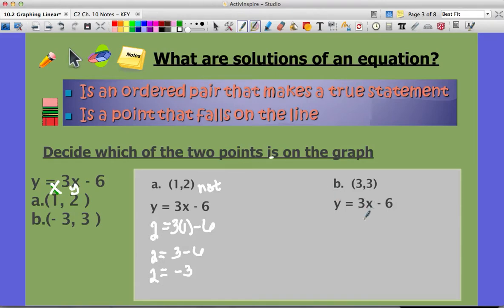If I put in 3, I know that 3 times 3 is 9. Minus 6 is equal to 3. So the ordered pair 3, 3 is a solution to my equation.